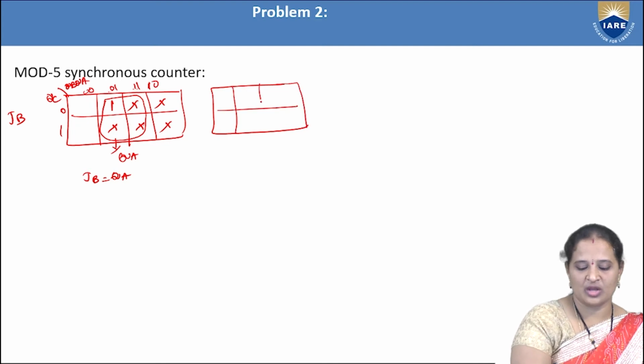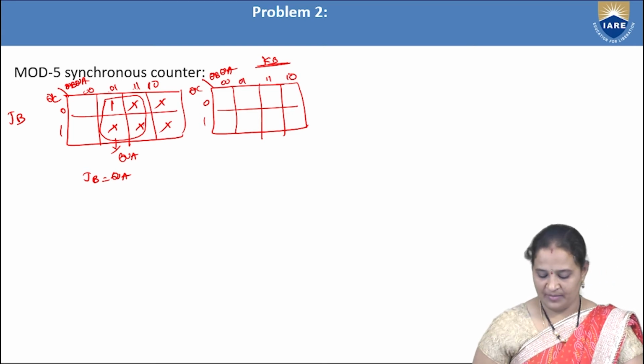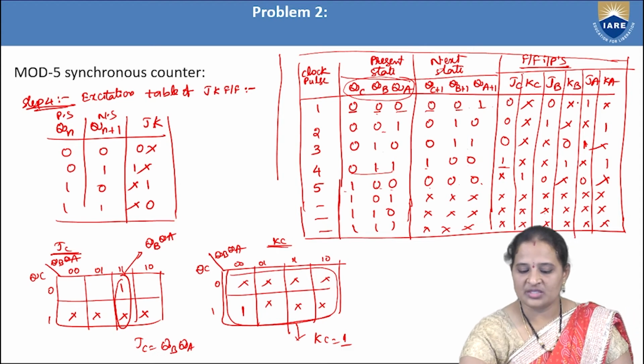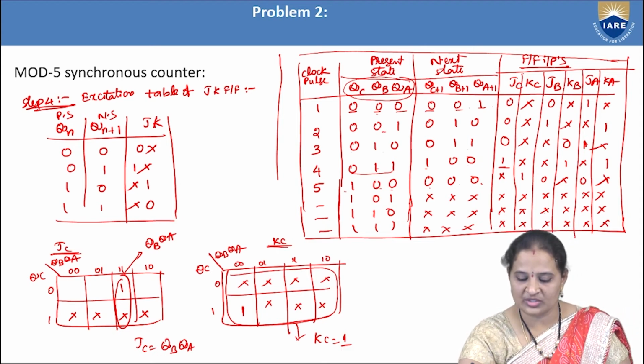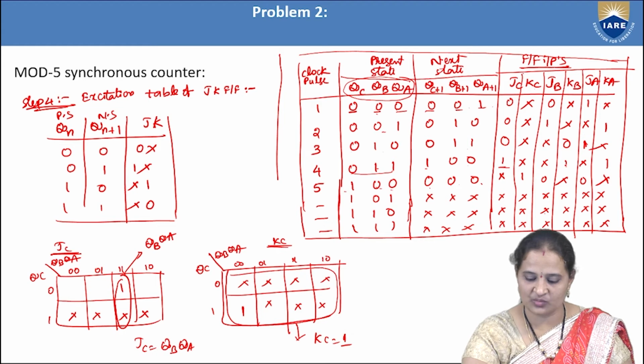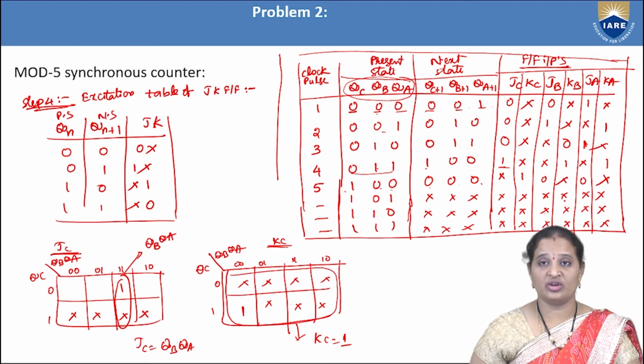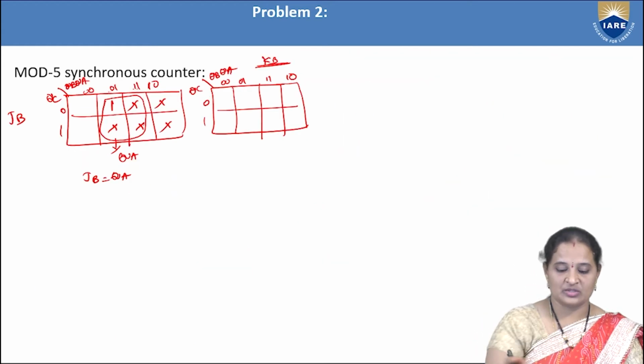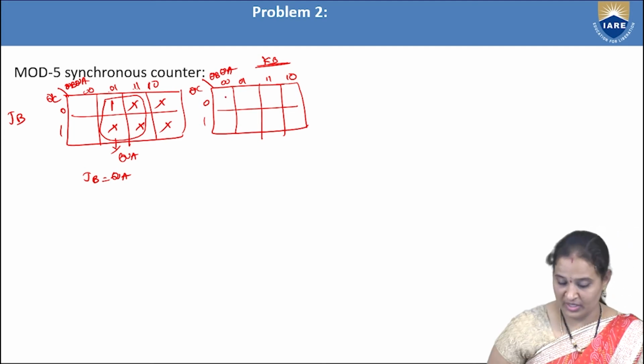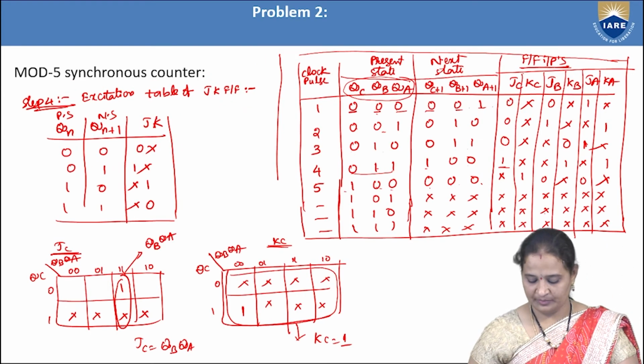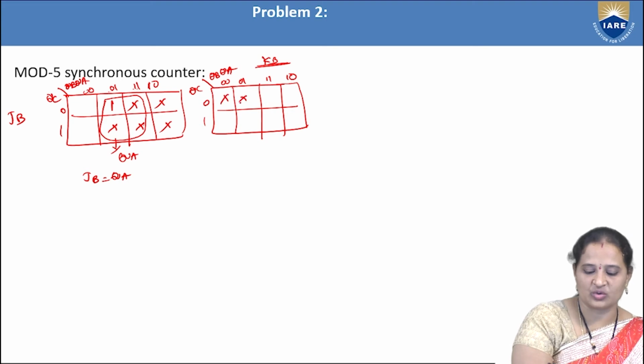Now similarly, derive the equation for KB. KB is a function of QC, QB, QA. This is for KB: 0, 1, 0, 0, 0, 1, 1, 1, 1, 0. For 0 and 1 it is don't care.